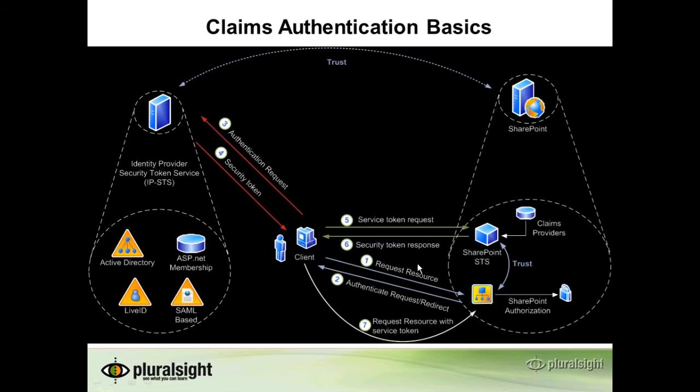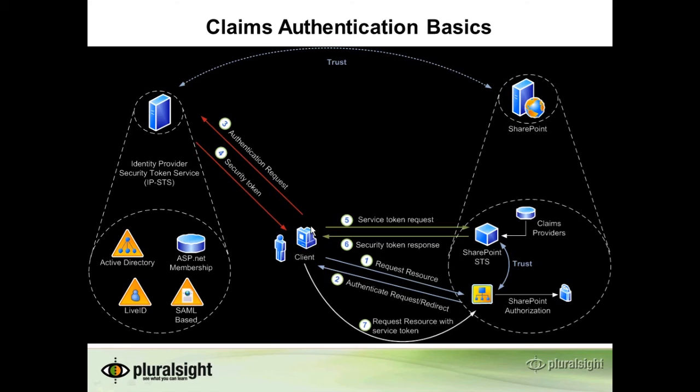Let's say you're the client here, and you request a resource from SharePoint. And SharePoint says, sorry, you're not authenticated. It tells you that you're not authenticated, but it trusts these other IP-STSs, Identity Provider Security Token Services. In other words, it trusts these other identity providers, so please go to them and establish your identity first.